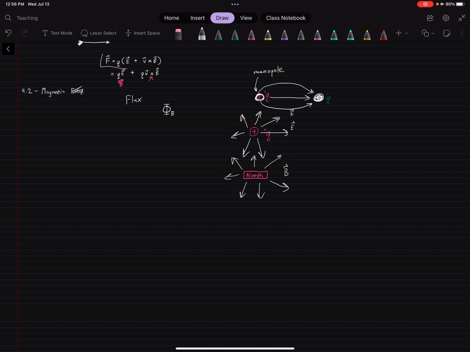It would look like this. You cannot have this. You cannot have that. You have to have a north paired with a south. Right? And then the magnetic field lines go from north to south, but they don't stop. They continue on, right? And they're just big loops like this.